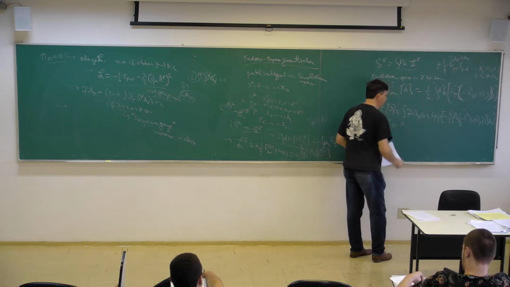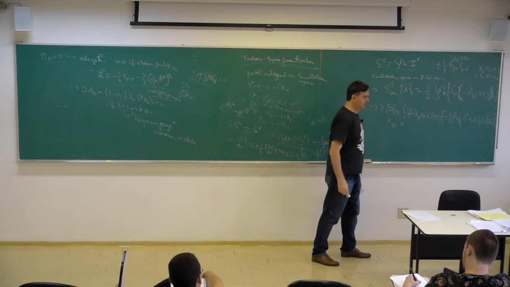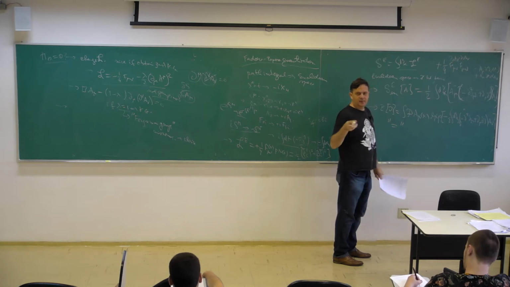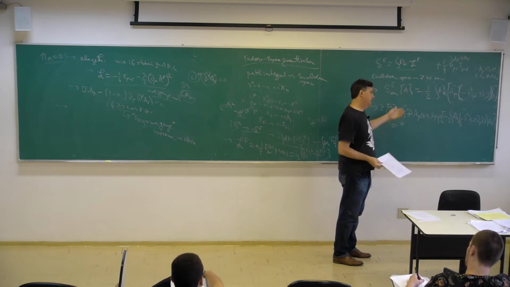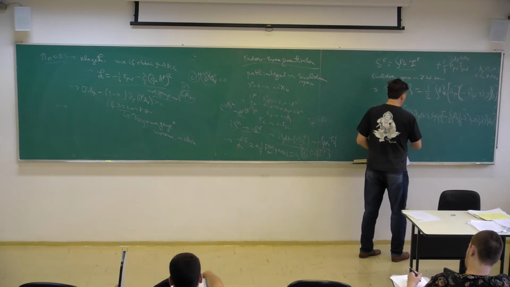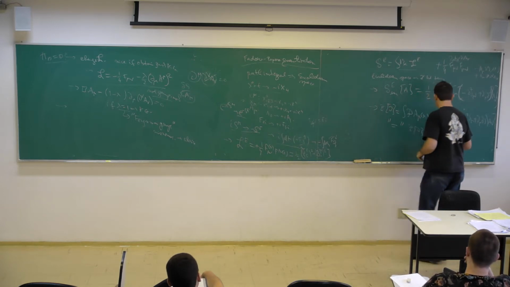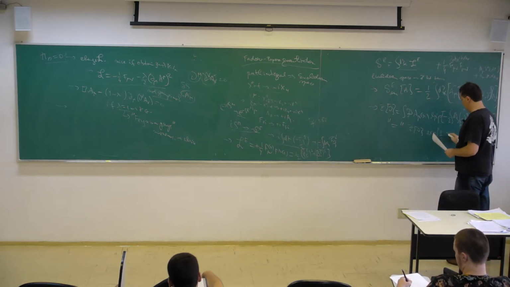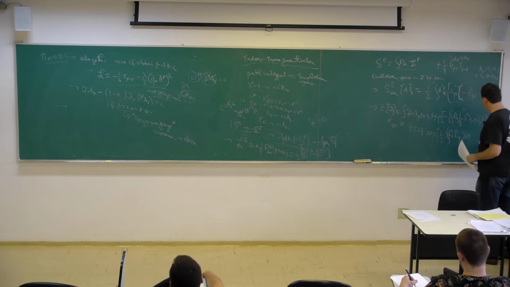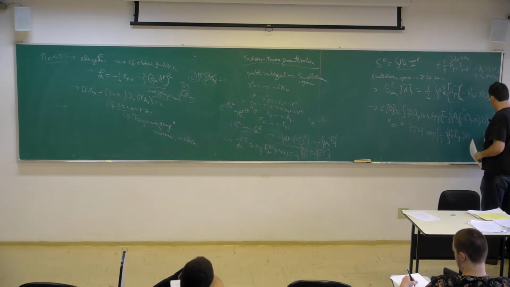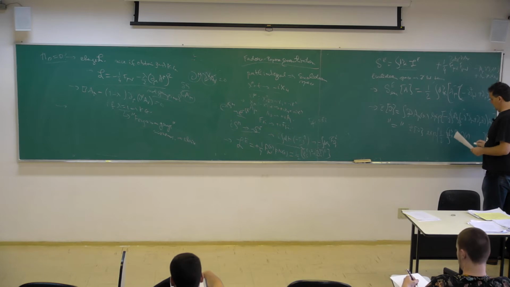And in principle, I would want to write this, remember what we did for scalars and fermions, as some normalization constant Z of 0 times exponent 1/2 j of x, j of y, and here the propagator.